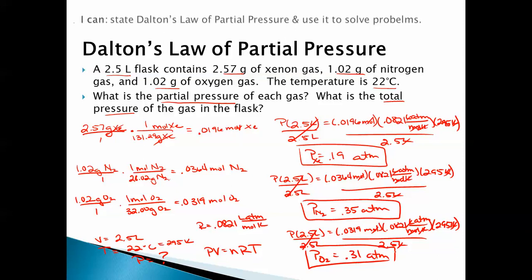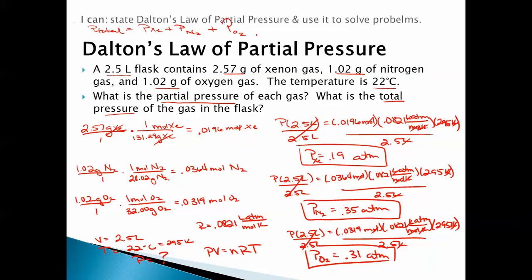Okay, so now that you've found the pressures for each individual gas, we're ready to find the total pressure. Now I'm kind of running out of room here, so we're going to go ahead and write this up top here. But our total pressure is going to basically be the pressure of xenon plus the pressure of nitrogen plus the pressure of oxygen.